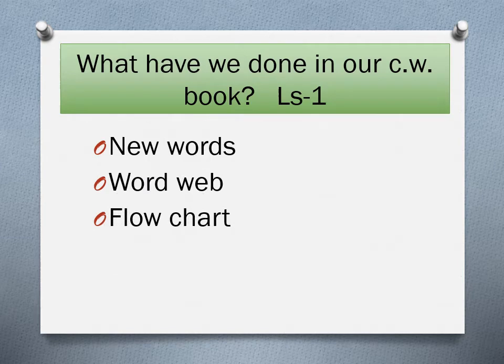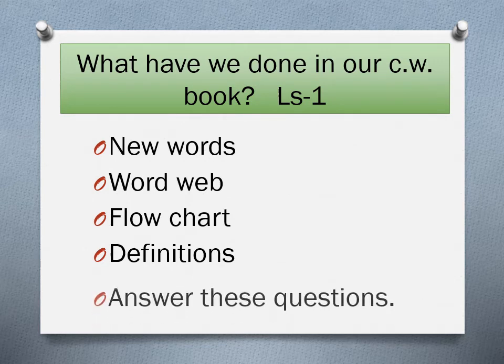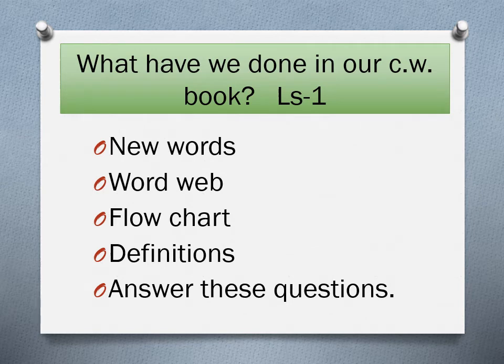Next we have written flowchart. Then we have written definitions. And last we have written answer these questions. I hope everyone has completed all these things in your CW book. If you have not completed, you have to complete it.